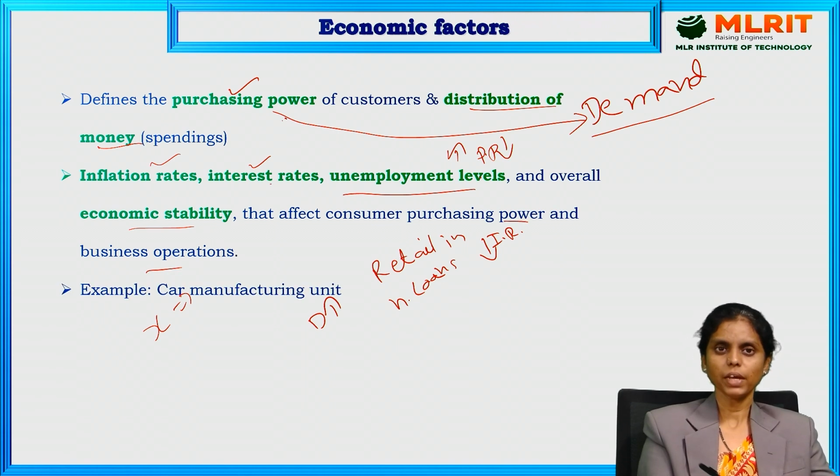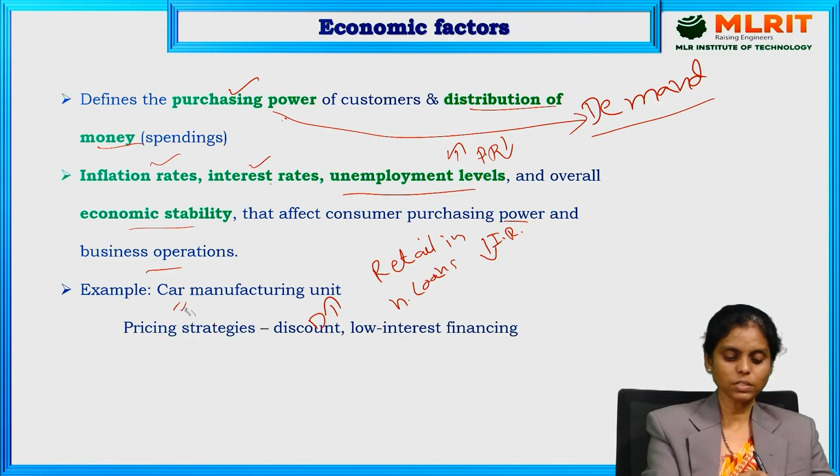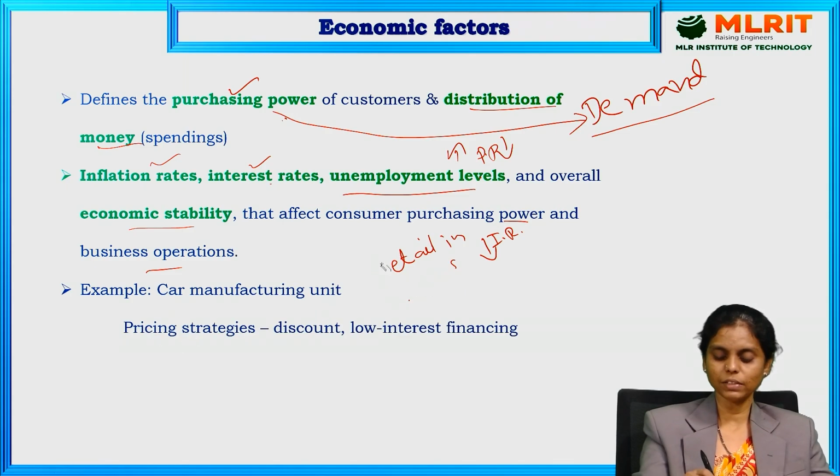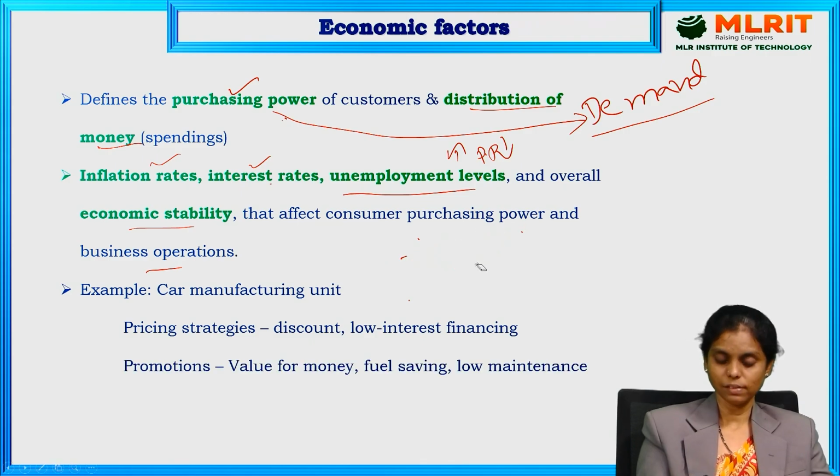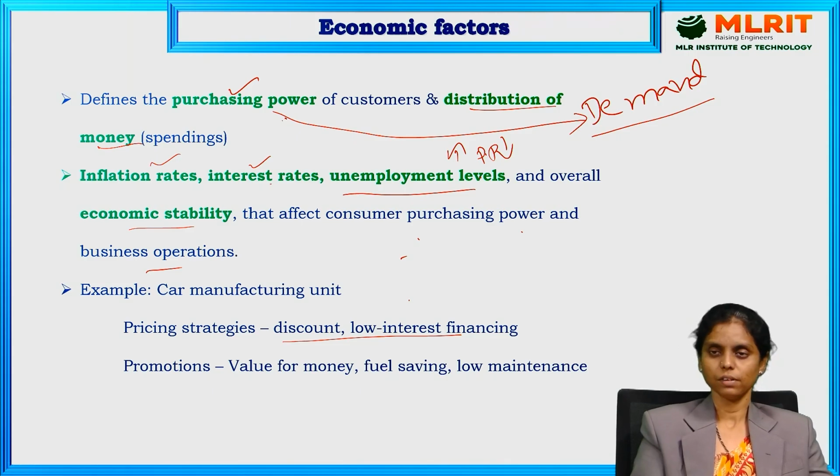Now, what is the example that we have here? It is a car manufacturing unit. How does a car manufacturing unit fix its price? It will define its price depending upon the various strategies that can be used, like what is the discount available, rate of interest, etc. And at the same time, the company wants to give promotions, so how can they promote?